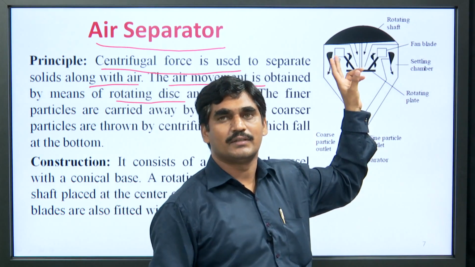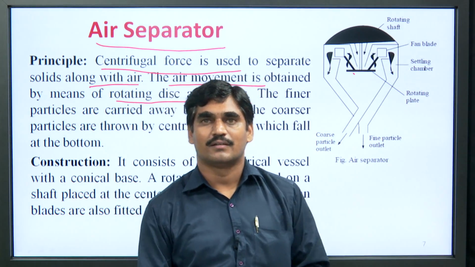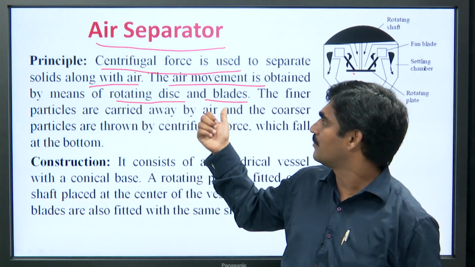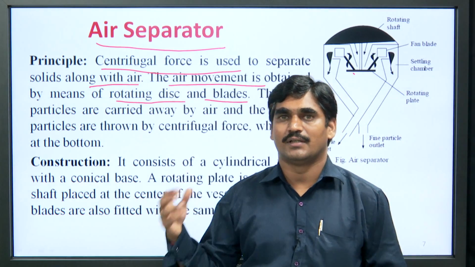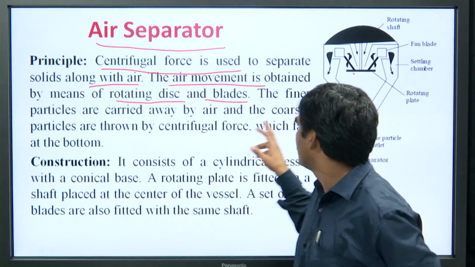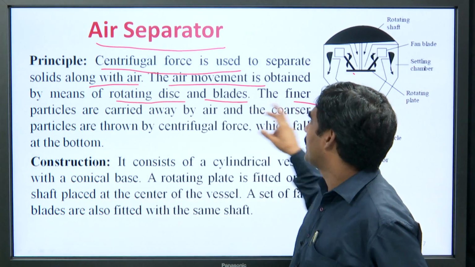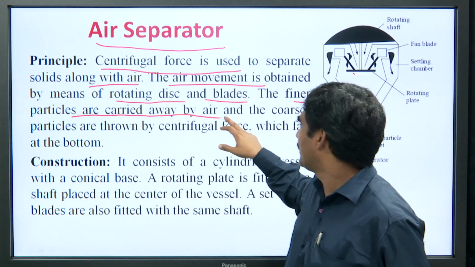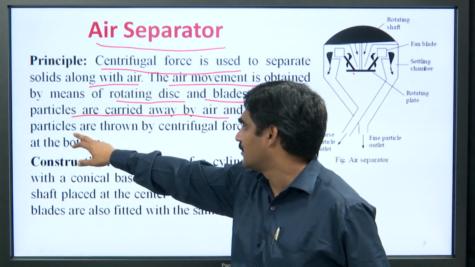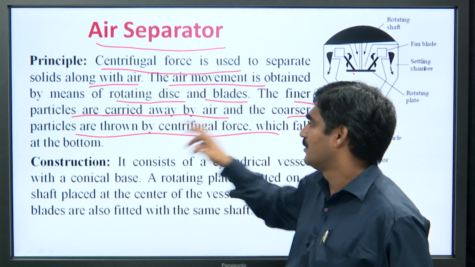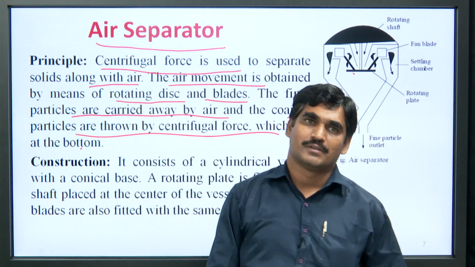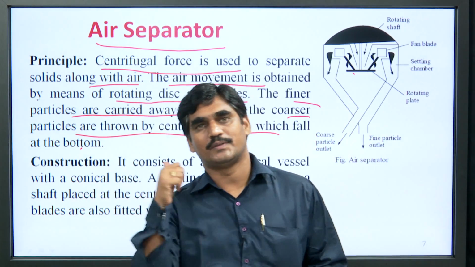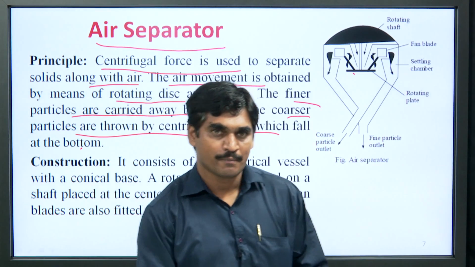With the rotation of this fan blade and plates, air movement is controlled, and with the help of this the particles are separated. The finer particles are carried away by air and the coarser particles are thrown by centrifugal force, which fall at the bottom. So, this is the principle behind working of this air separator apparatus.